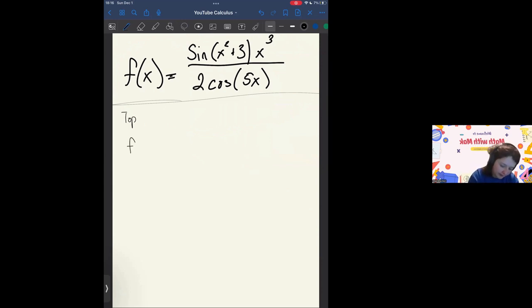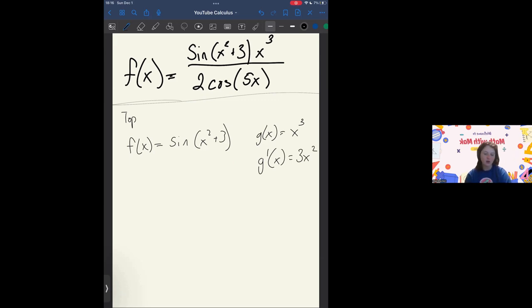So we have f of x on the top, which is sine of x squared plus 3. G of x is x to the third. G prime of x is 3x squared. Over here we have the chain rule again, right? So we know, let's switch it to green, that f of k is sine of k, where k equals x squared plus 3.